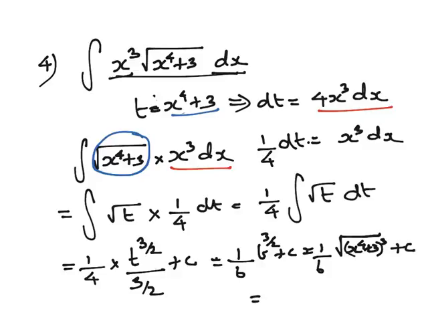Or you can also write it as 1 by 6 times (x power 4 plus 3) raised to 3 by 2 plus c. Okay, so this is the answer.